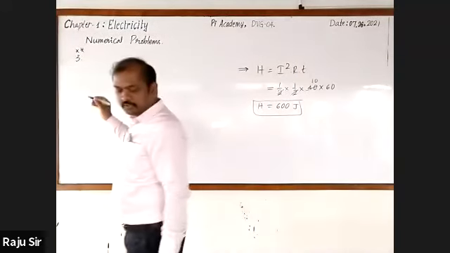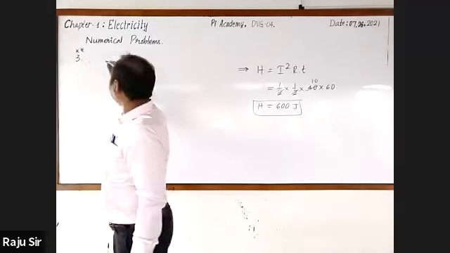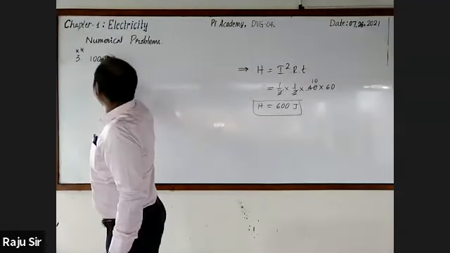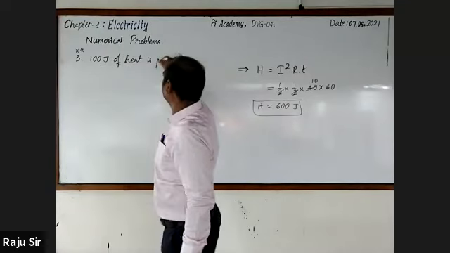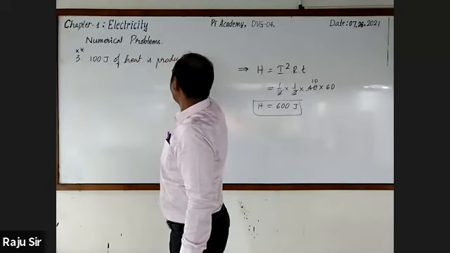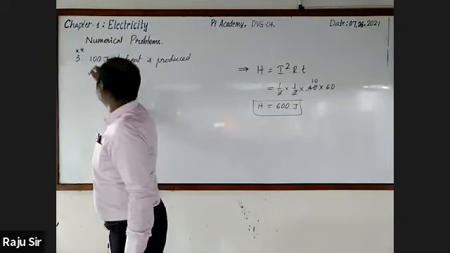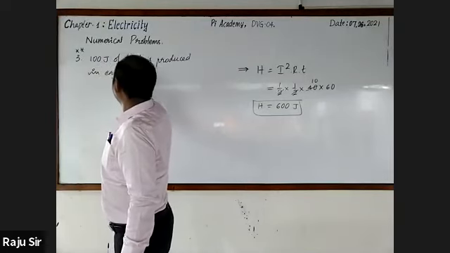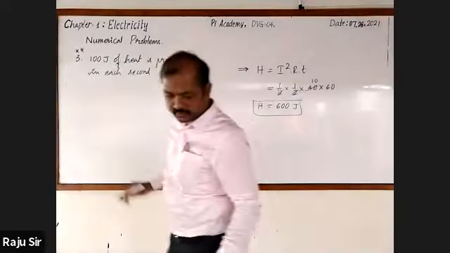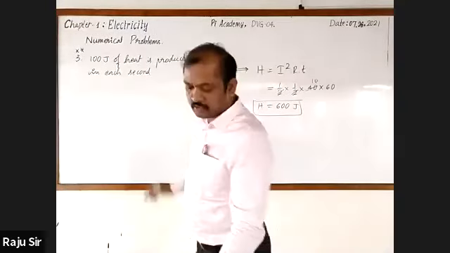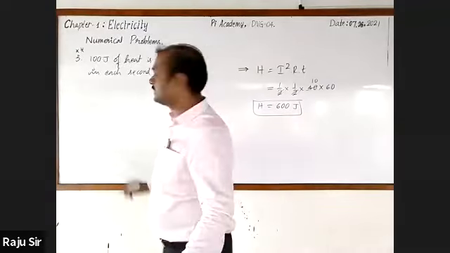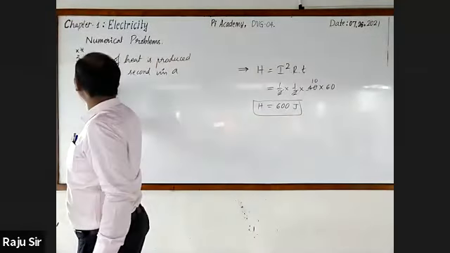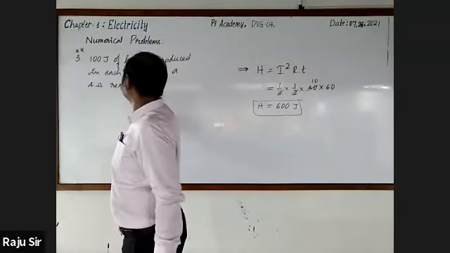100 joule of heat is produced in each second in a 4 ohm resistance.